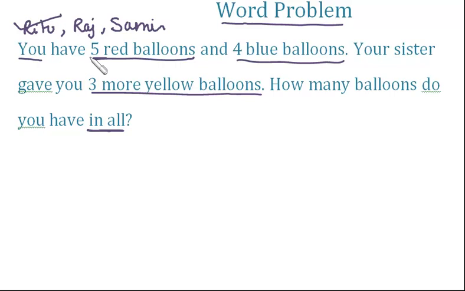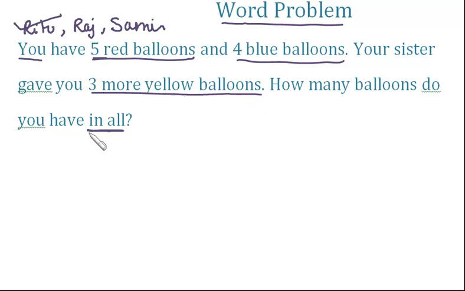It could have been, suppose, 7 dark chocolates, or suppose I have 8 yellow teddy bears. These details you're supposed to underline. The next detail underlined is 4 blue balloons. Again, it refers to balloons, but it's of a different color. And 3 more yellow balloons.